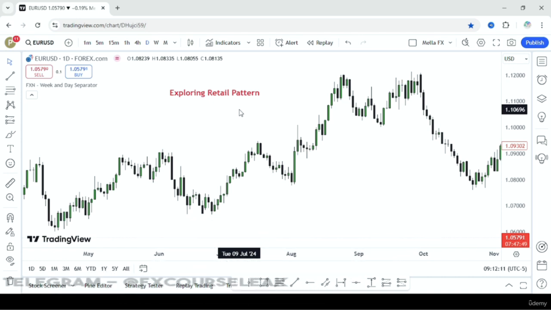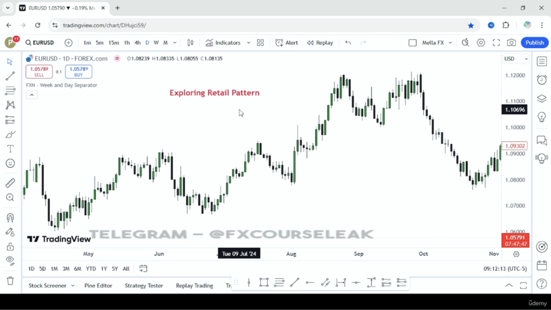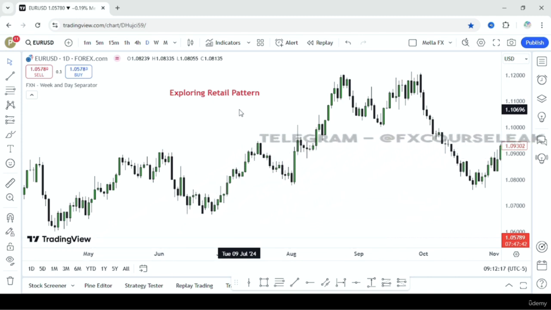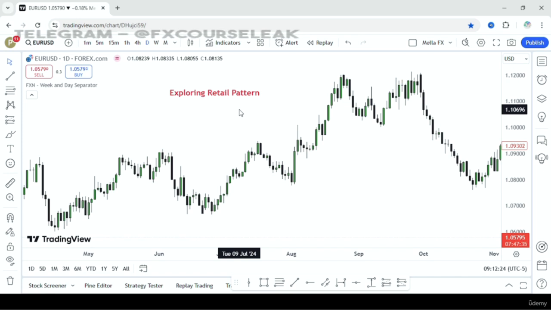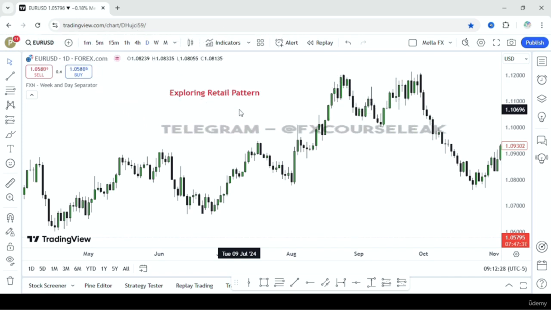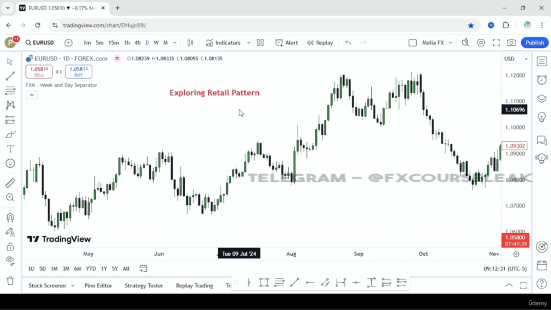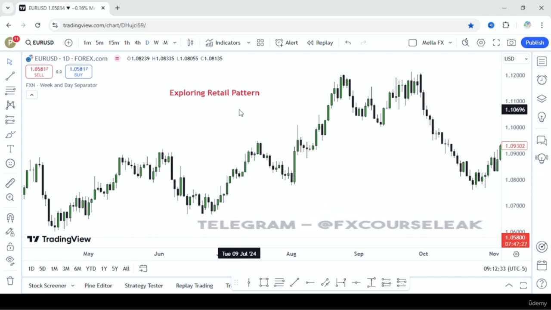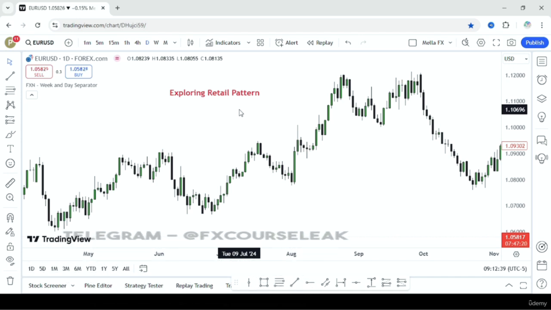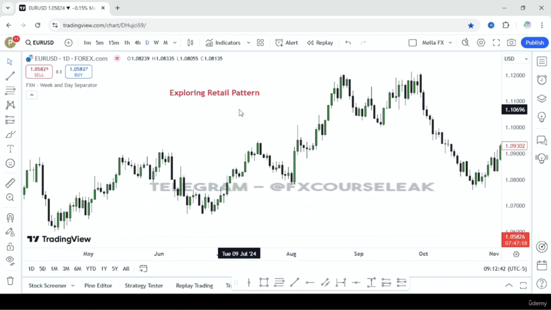Trendline pattern. So let us look at this idea to be able to understand what this idea is, so that at the end of this we'll be able to learn something out of it. As a reminder, I know that there are those who have not been able to use the trendline pattern, maybe they have had it or not, as a beginner or even as someone who has been trading.